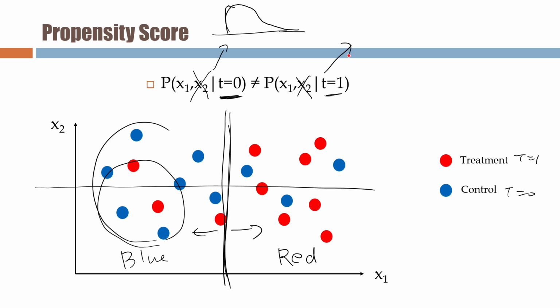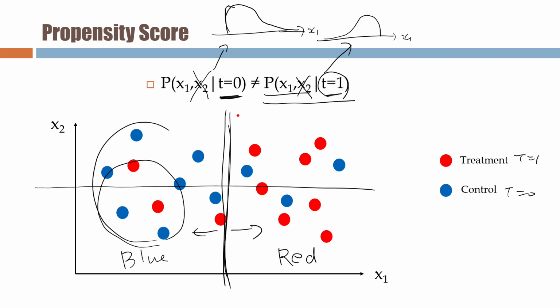And if you plot this probability when treatment is 1, which means the red dots, what is the probability of x1? This one has this shape of distribution because we have more data, more of x1 in the high range. Right? So the two of them are totally different.